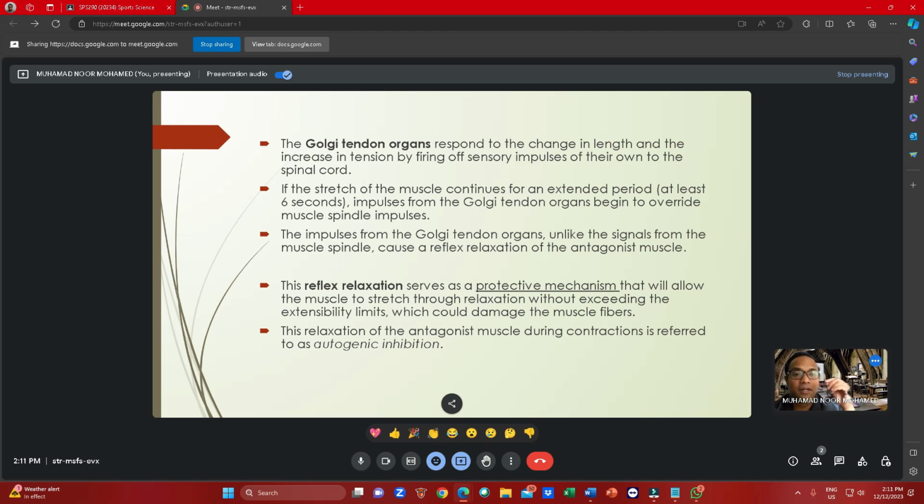In other words, combining both spindle and GTO, it determines how far a muscle is able to contract without starting to tear. Okay, so this is the limiting factor.